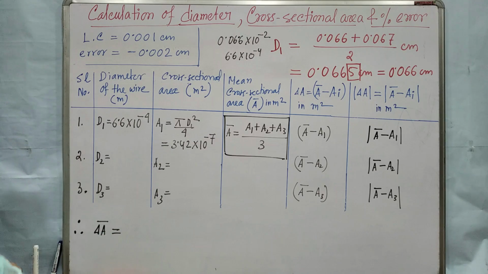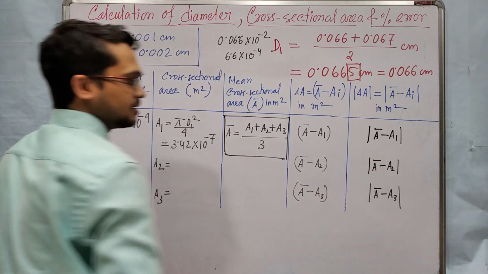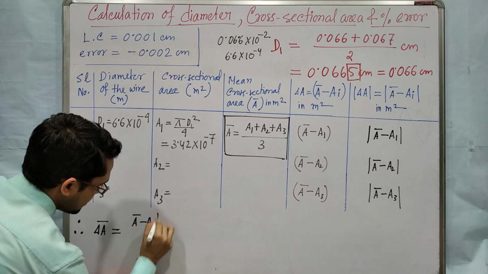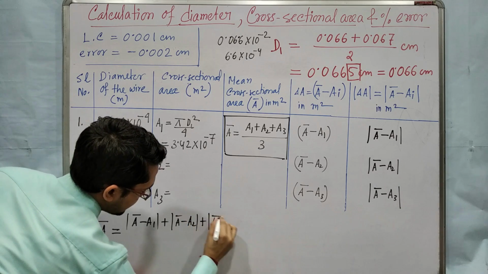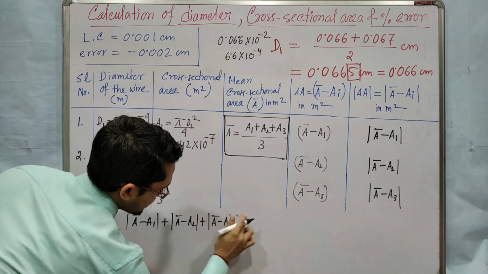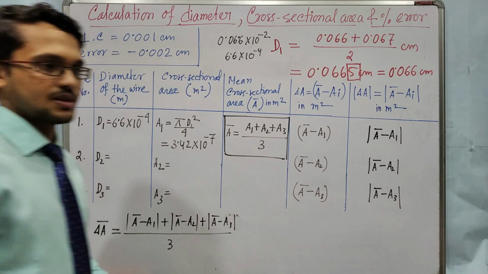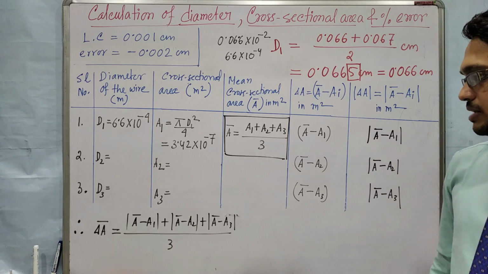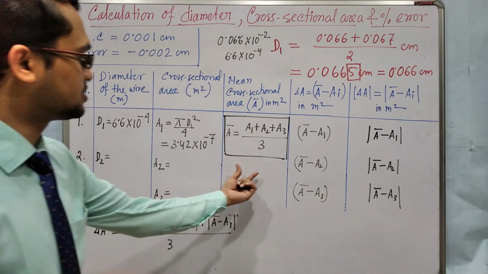Delta A average means adding these three values, which are all positive, no negative here, and dividing by 3. So mod of A bar minus A1 plus mod of A bar minus A2 plus mod of A bar minus A3, by 3. In this way you will get delta A mean. This is the mean error, or we can say the mean absolute error for our calculation, and this is the mean cross sectional area.